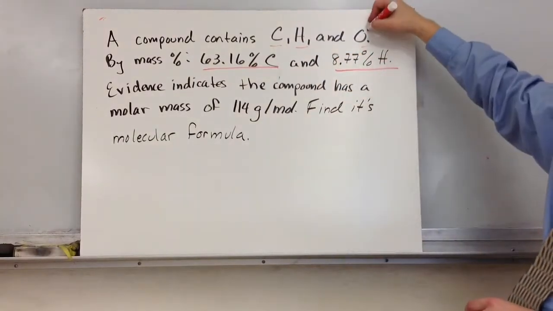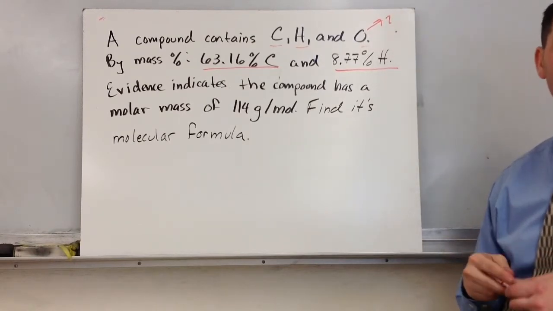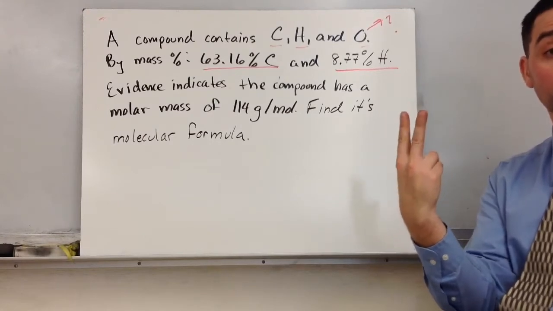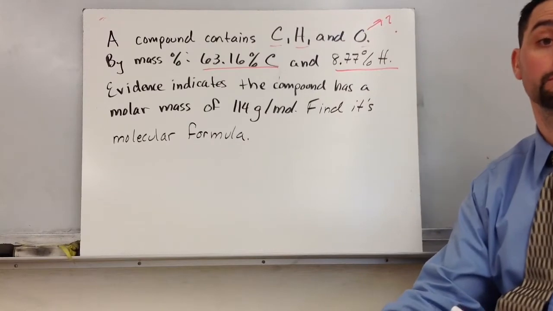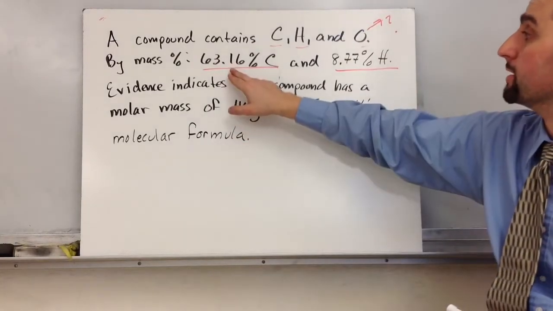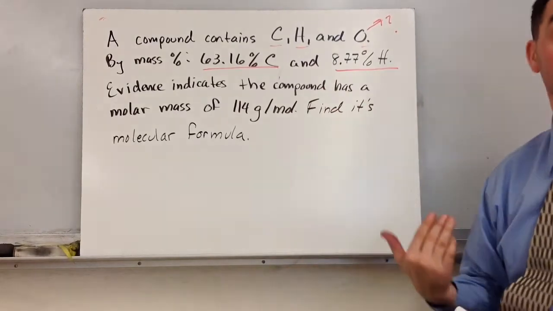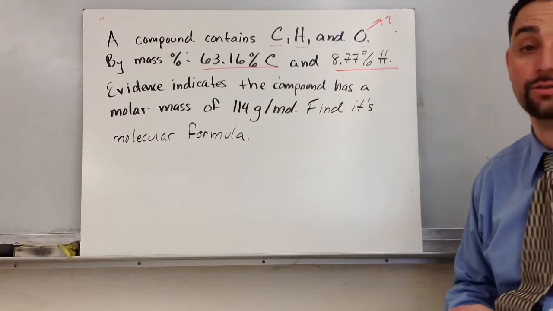They don't give us in this problem the oxygen percentage. But that's pretty easy to do, right? If there's only 3 elements and they give us 2, we know all 3 elements have to equal 100%. So I'm going to add up 63.16 and 8.77 and deduct that from 100%. And that's going to tell me the remainder of what's oxygen.